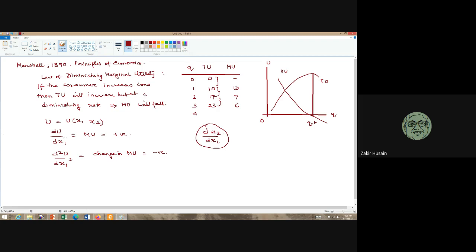So Marshall lays down these assumptions. In other words, u1 and u2 will be positive, but if we take the second derivative, they will be negative.